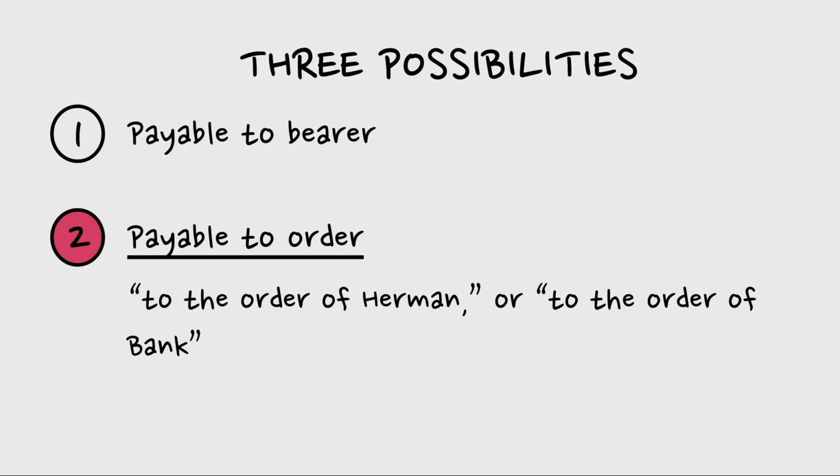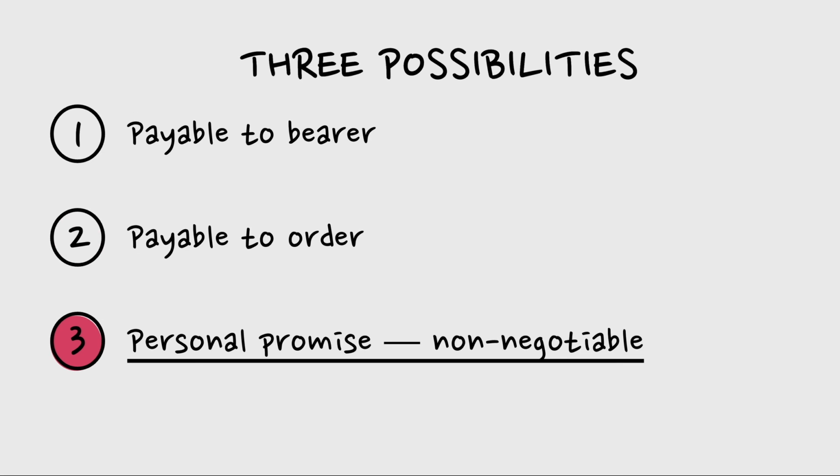So that works. Then this is something to know, which is you could have something that just has a personal promise. Generally, if it's just a note with a personal promise, it's not negotiable. And again, it's vital you understand when we say non-negotiable, we mean it doesn't fall under UCC Article 3. We mean it would just be subject to ordinary contract law.